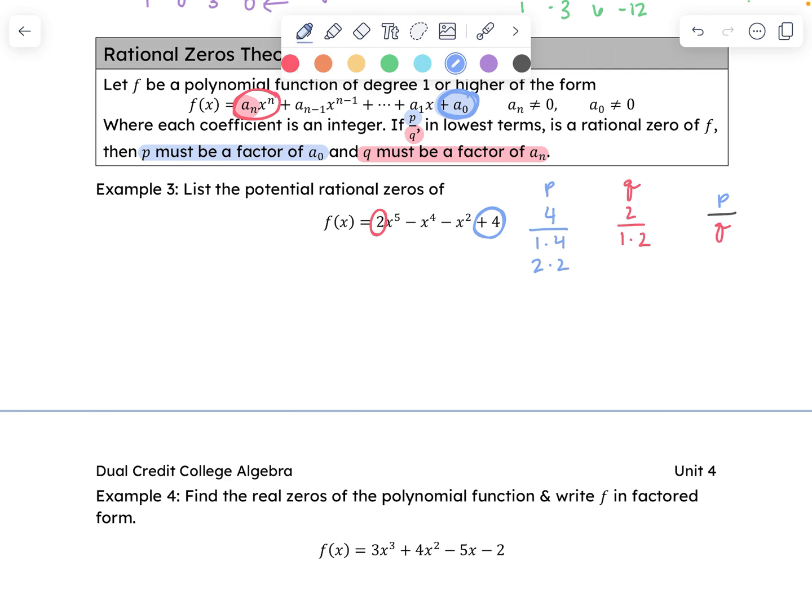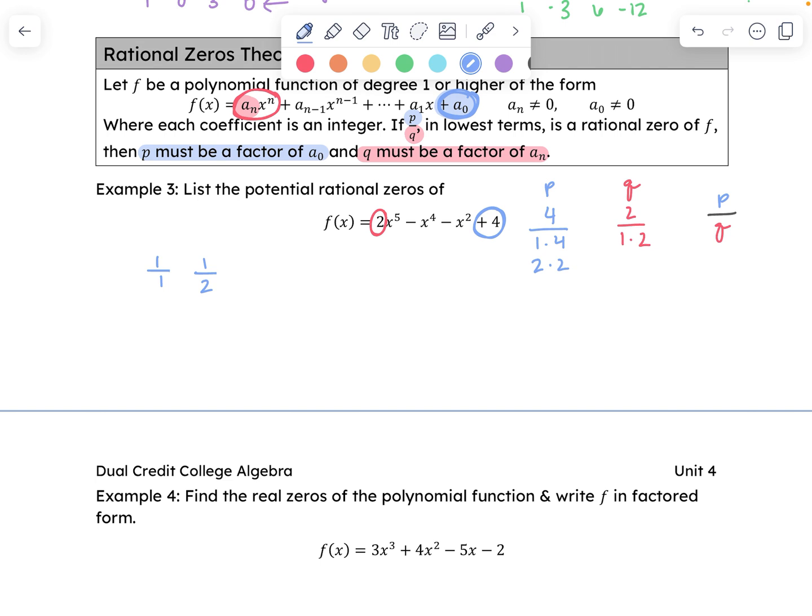So I'm going to start and I'm going to look at this 1, and I'm going to divide it by both of my Q's. That means that I would have 1 over 1 and 1 over 2.